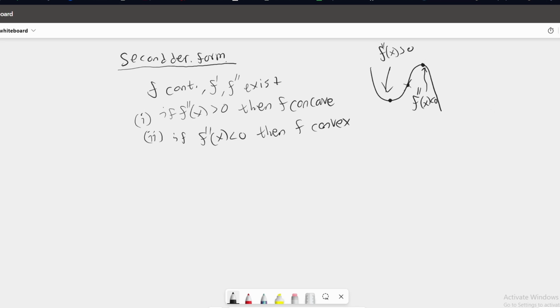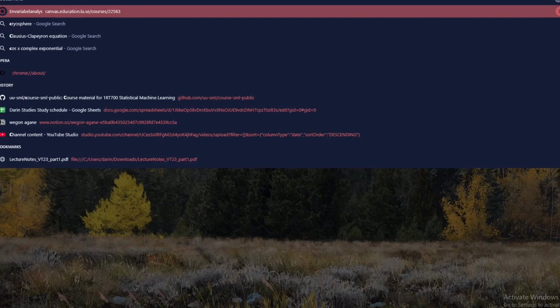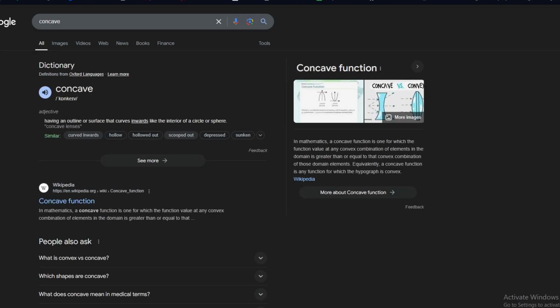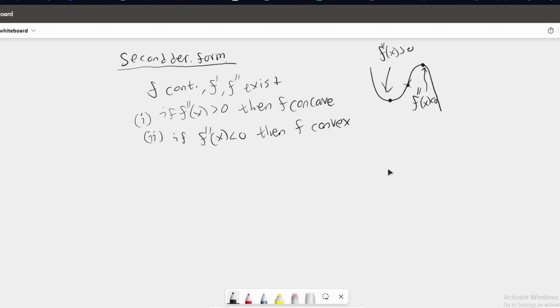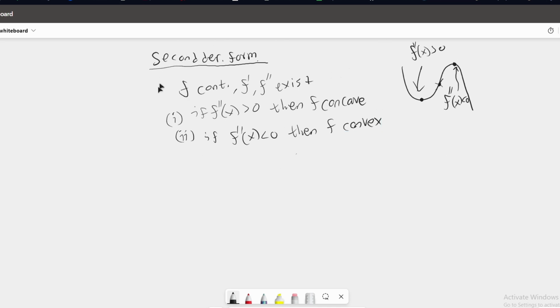Let me just check that I have convex and concave the right way round. Concave is like a cup and convex is like the other side of the cup, right? That makes sense, but let me check if this is correct.